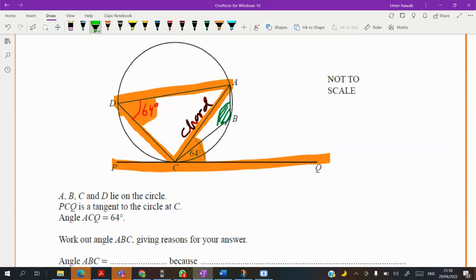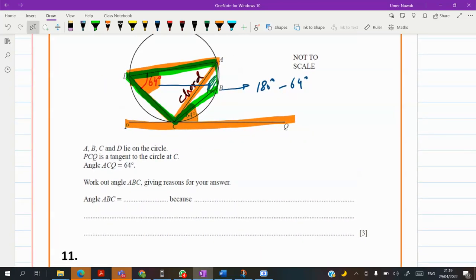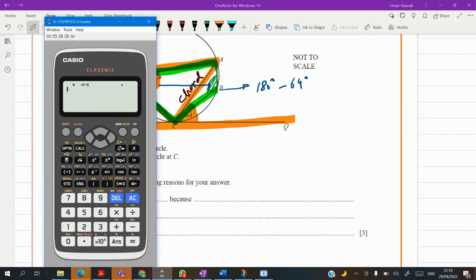Now, may I ask you, are these vertices on the circumference of the circle ABCD? If we join them together, are we going to get a cyclic quadrilateral? The answer is yes. So do we have D opposite to B? The answer is yes. So 180 degrees minus 64, the cyclic quadrilateral property we will be using. So 180 minus 64 will give us 116.